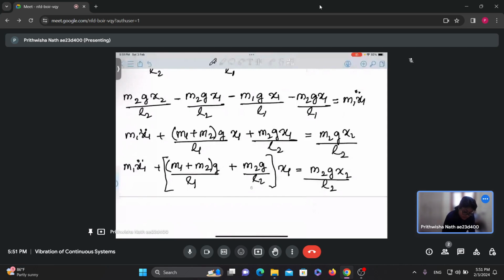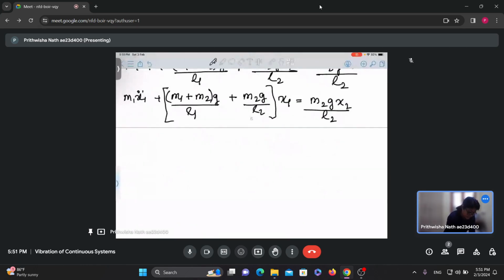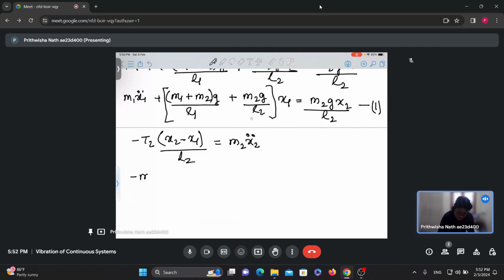Now for the second mass the equation is minus T2 times (x2 minus x1) divided by L2, equals M2 x2 double dot. Now in place of T2 I substitute M2G, so this becomes minus M2G times (x2 minus x1) divided by L2.